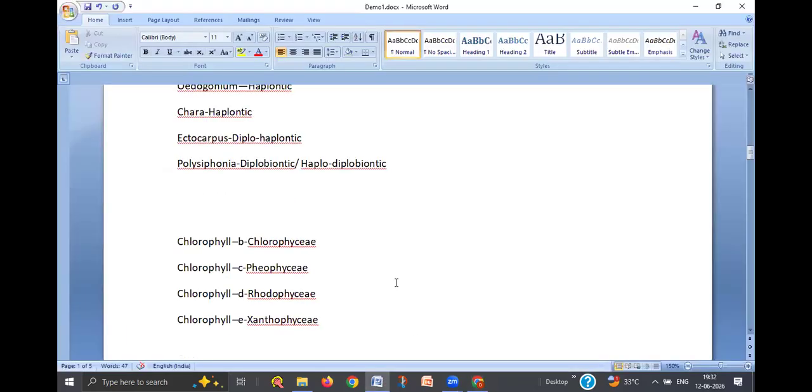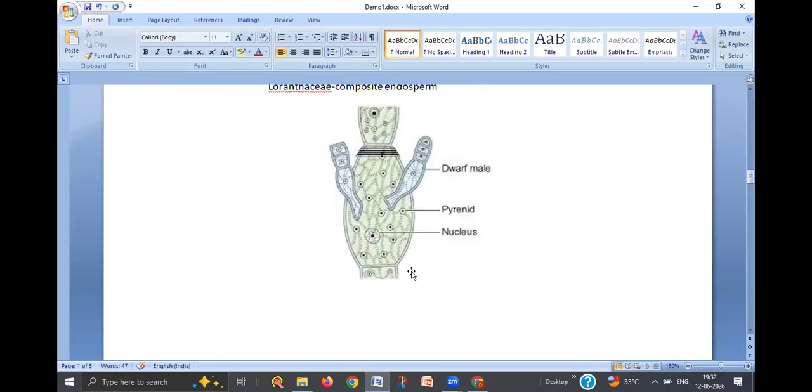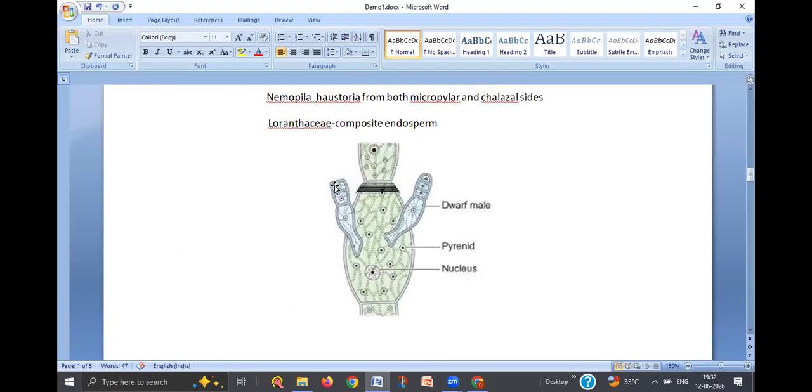Now once you see here, this is the Oedogonium. In the Nanandrous species, we find this Oogonium, and this dwarf male filament germinates. Androspores are produced here.